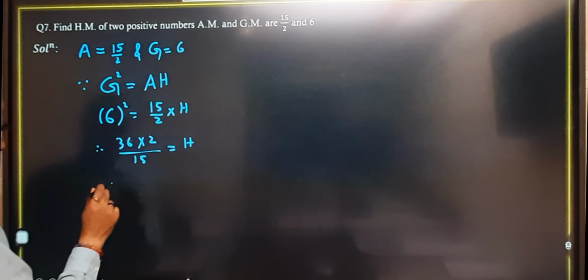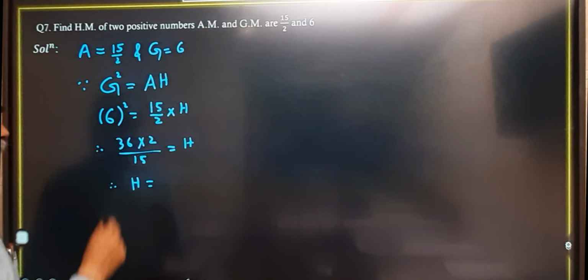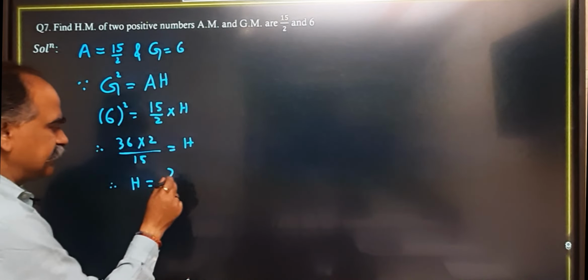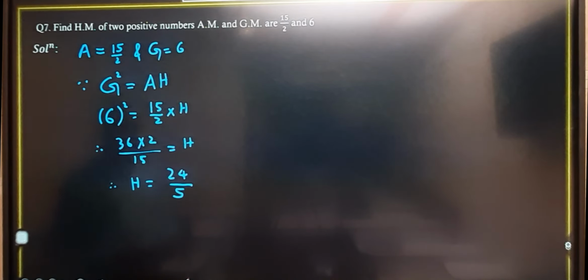H. So H will be 24 upon 5. This is harmonic mean between the two numbers whose arithmetic mean and geometric mean are given.